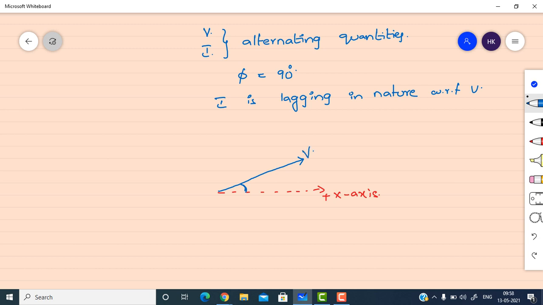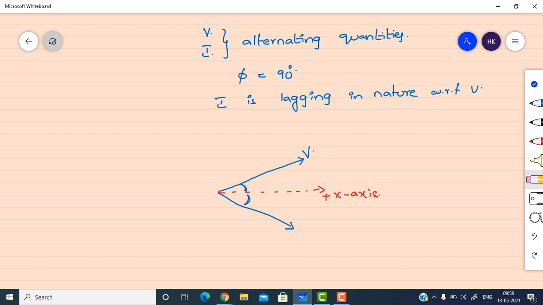Then what about current? Current is lagging. Lagging nature means that is negative. Negative means you have to draw below the x-axis with some angle. And it is clearly indicating that the phase angle difference between voltage and current is 90 degrees. So you have to draw these two phasors at an angle of 90. First, decide whether the phasor is a positive phasor or a negative phasor.